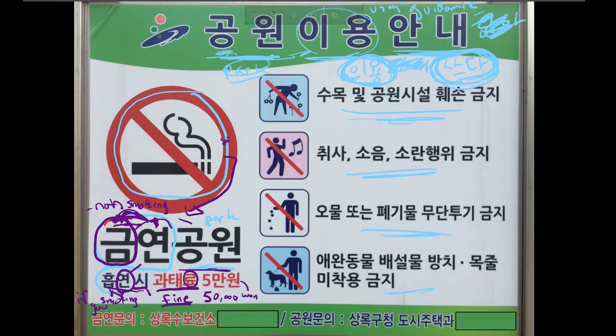And won is the Korean denomination for money. So far, the main stuff that we've seen up here is the park usage information, or in other words, how to use the park. And this big theme is that it's a non-smoking park, and if you're caught smoking, there will be a fine of 50,000 won.